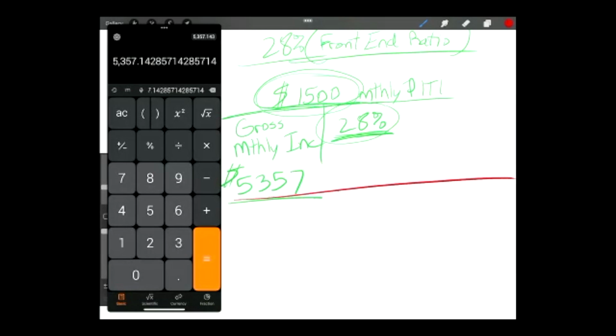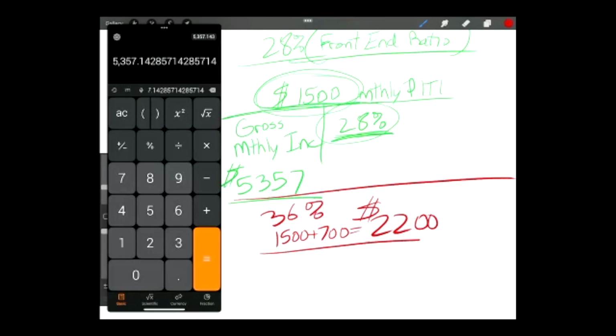And then the back end ratio, or the 36% one, we added the 1,500 for the house payment plus the additional 700 for recurring expenses. So 2,200 per month total monthly, or 36%, is on the bottom.